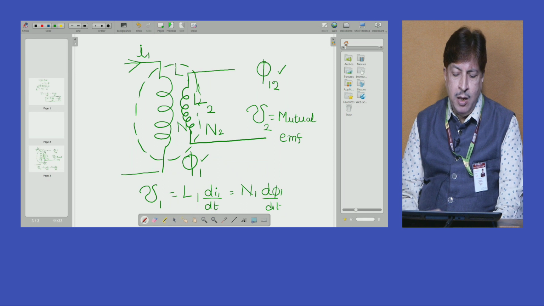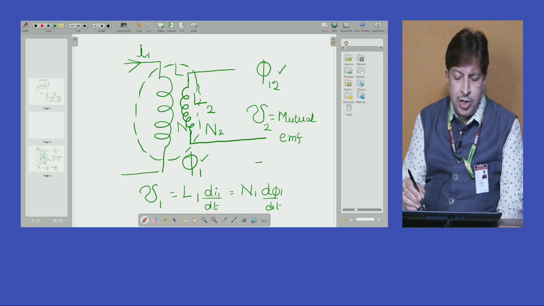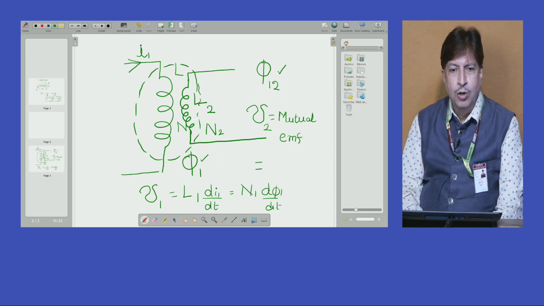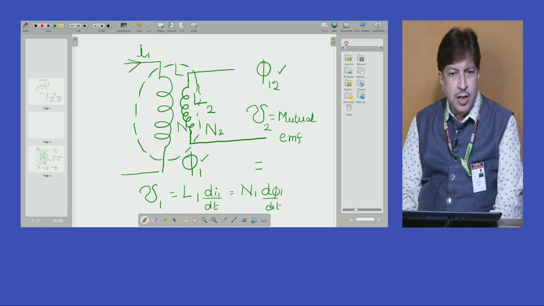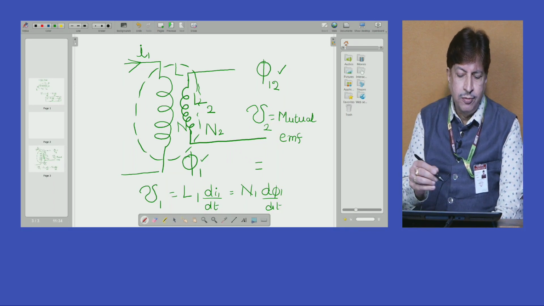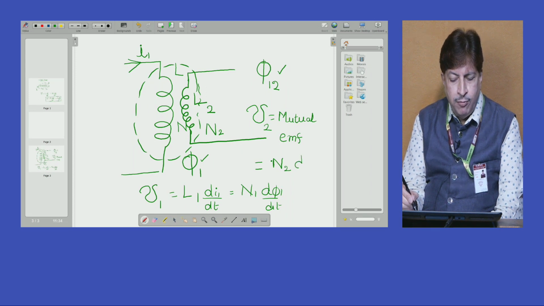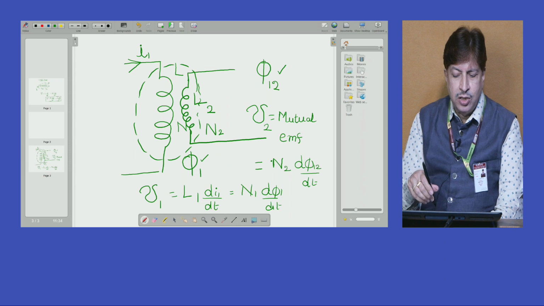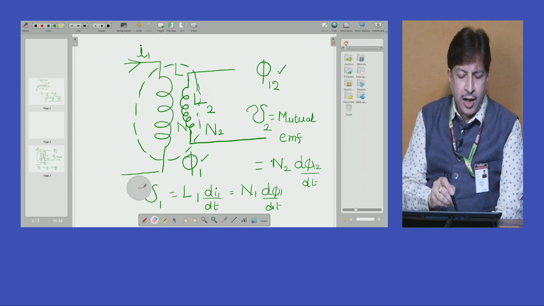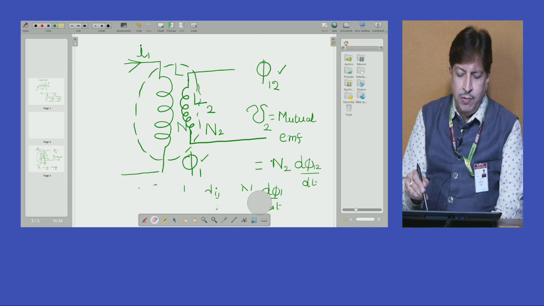And this EMF induced in coil number 2 we can express in terms of the number of turns of coil number 2 as N2 d phi 12 by dt. This is one way of expressing the mutual EMF in coil number 2.